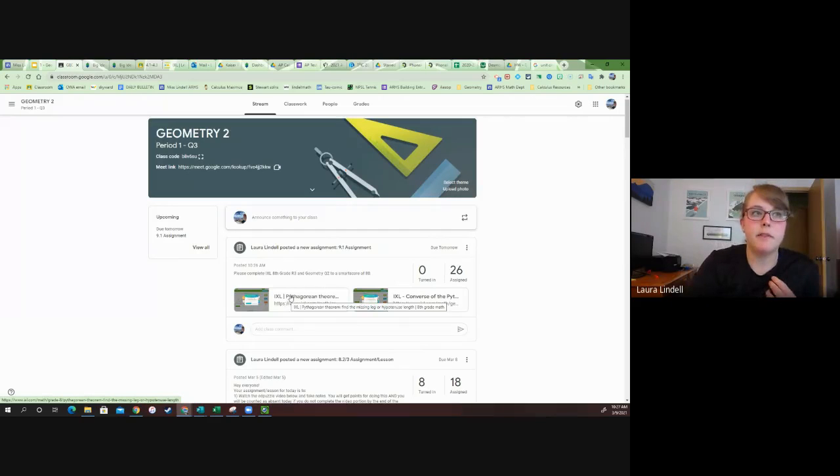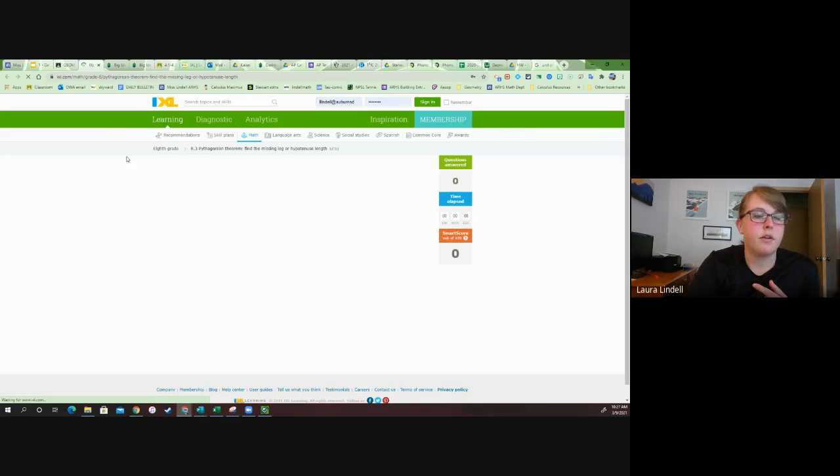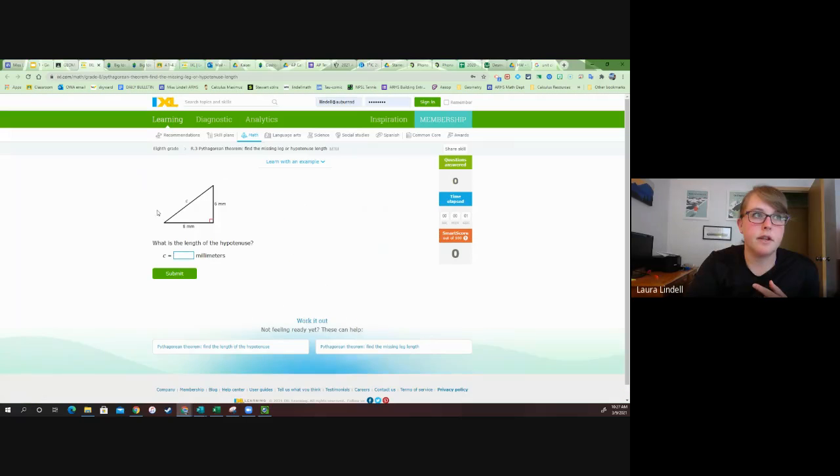The first one about the Pythagorean theorem is not geometry Q1, it's 8th grade R3, because 8th grade R3 has just the basic triangle stuff, and geometry Q1 had a bunch of word problem stuff, which we'll get to at some point, but not right away. So this one will ask you what's the length of the hypotenuse? You want to use a squared plus b squared equals c squared to find it. Eventually, they will ask you questions where you get decimal answers, and you'll want to round those to the nearest tenth.